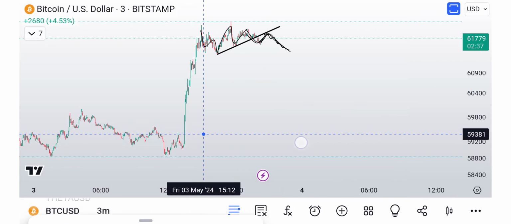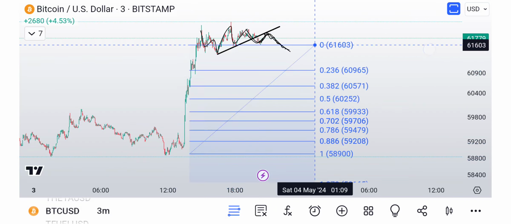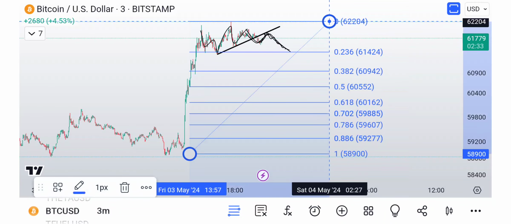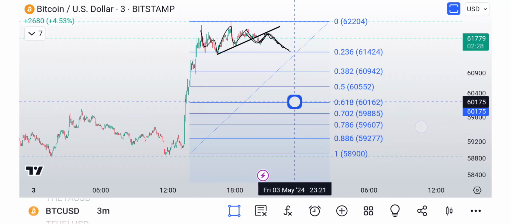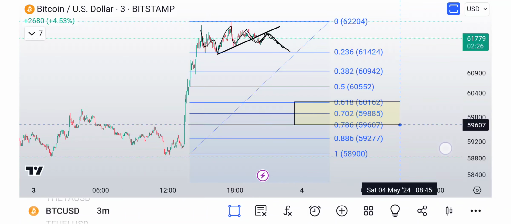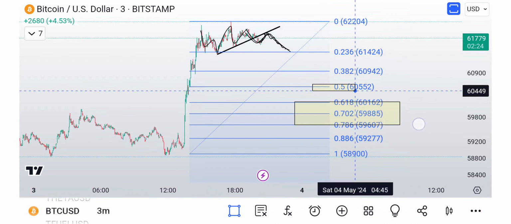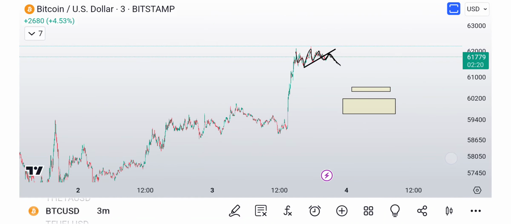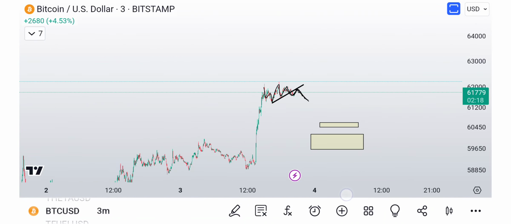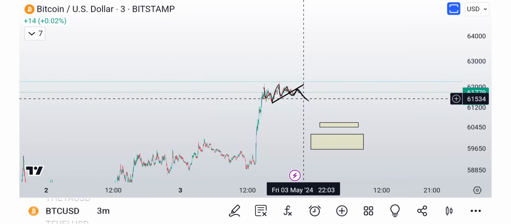I can even do the same thing with the retracement here to here. I would say about right in here would be a good area to consider looking for a reversal, somewhere in there. Now, again, if we break out, that's perfect.